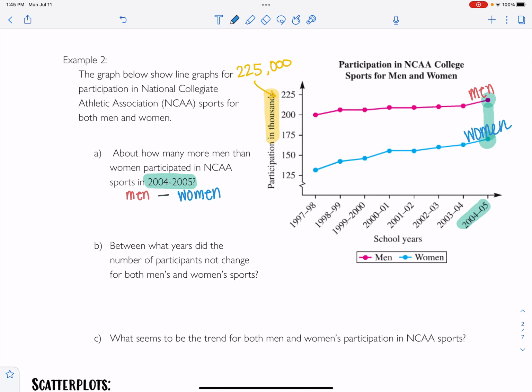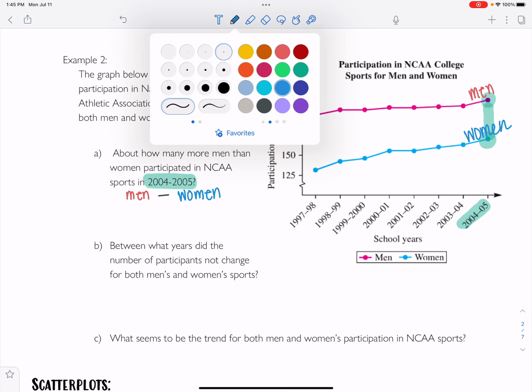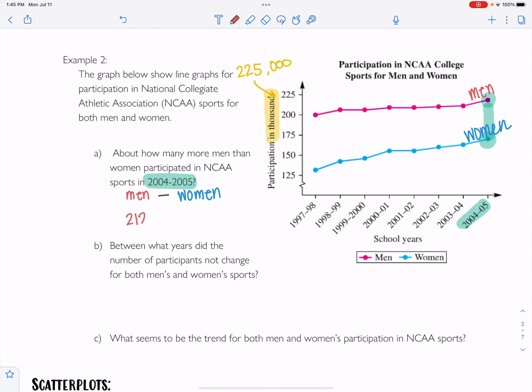Well, it looks like men in 2004 had about 212, 210, somewhere in there. 1,000, right, because it's in thousands, minus the women had about 160, 162, somewhere in there.